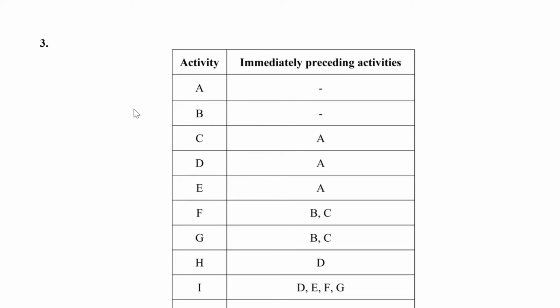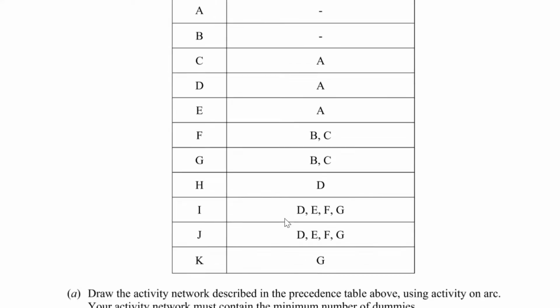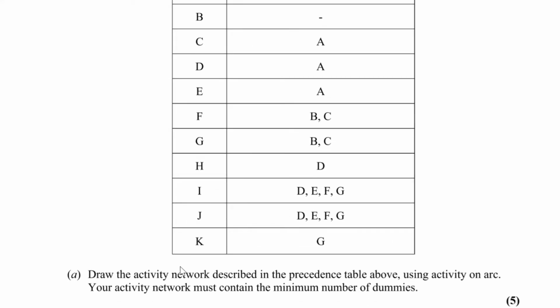Question number 3. We've got this table here and we have to draw the activity network described in the precedence table above using activity on arc. Your activity network must contain the minimum number of dummies.